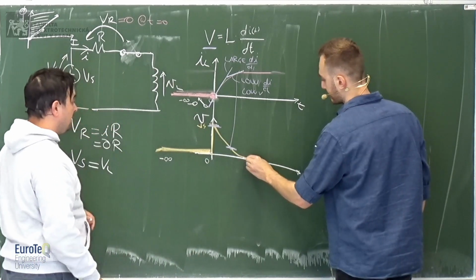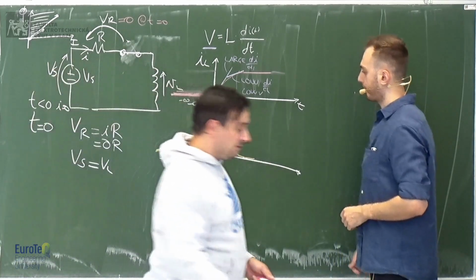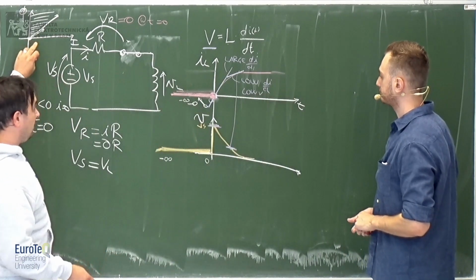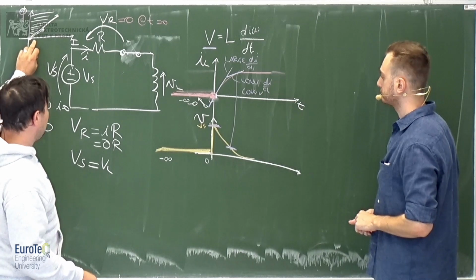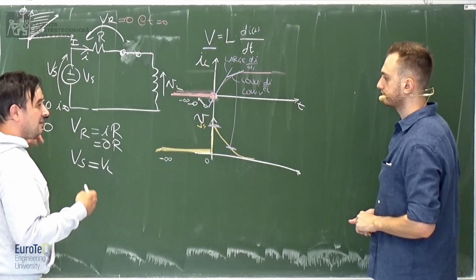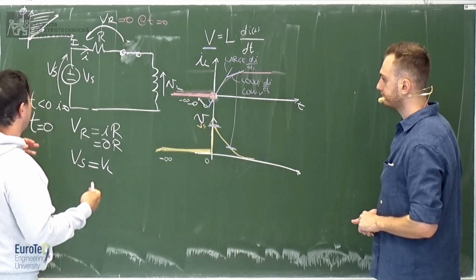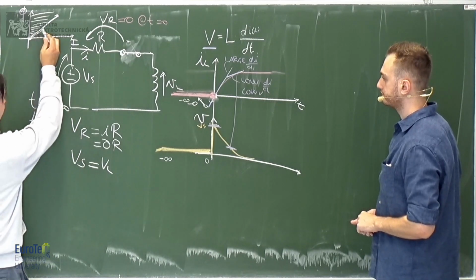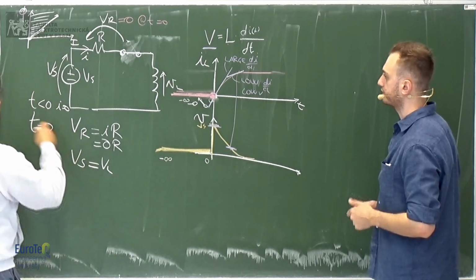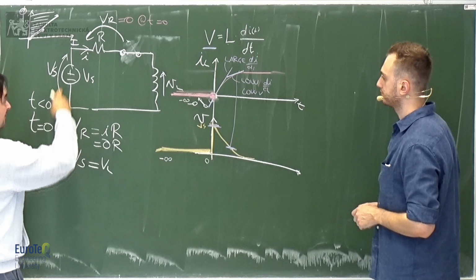So as you inject current into the inductor, or rather, inject energy, you increase the current because you give energy to the inductor. It starts from 0, but then it starts circulating.